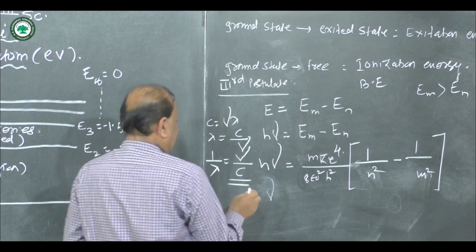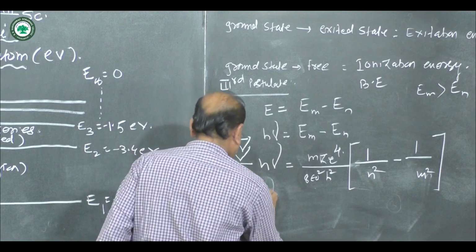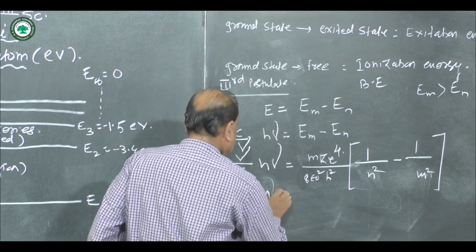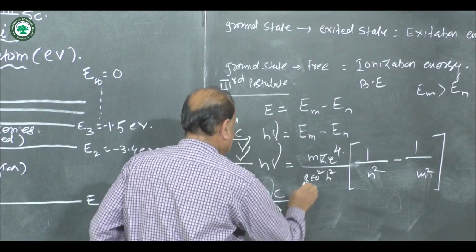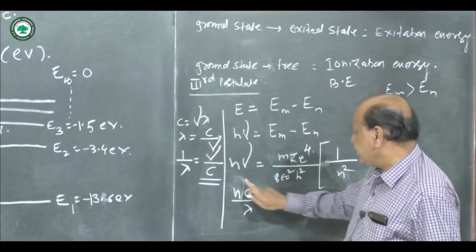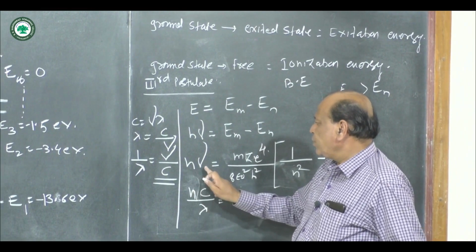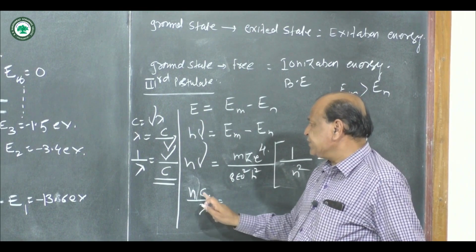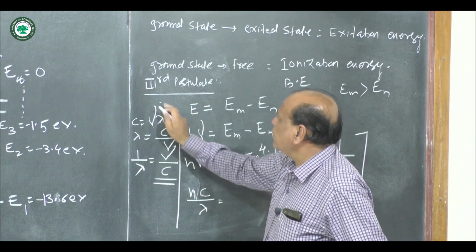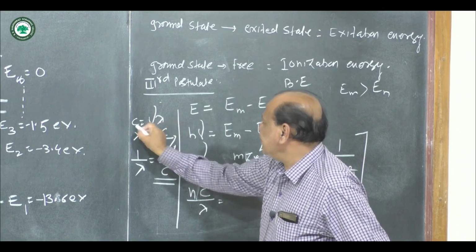So instead of h mu, since the value of mu is c upon lambda, we write hc divided by lambda equal to this term. It is a simple calculation: the value of mu is c upon lambda.